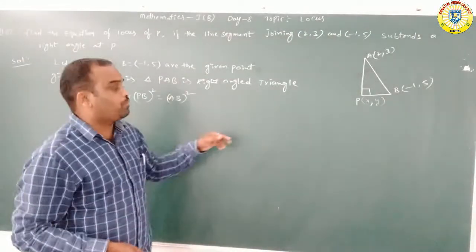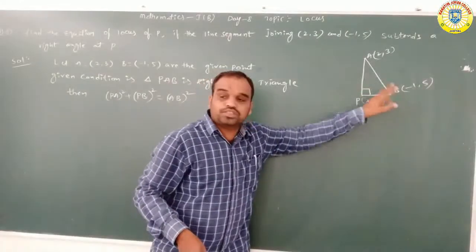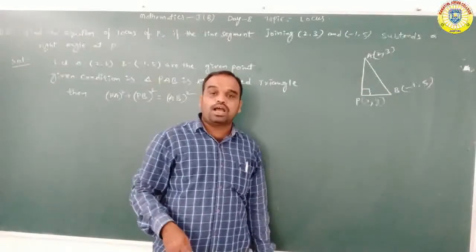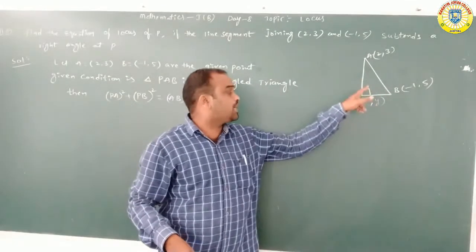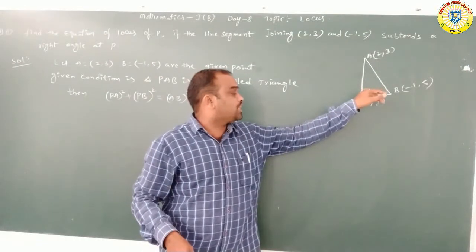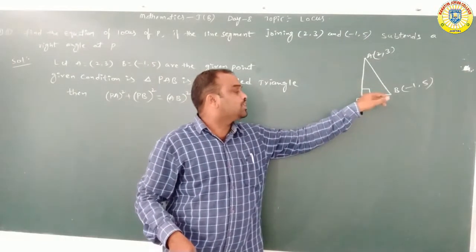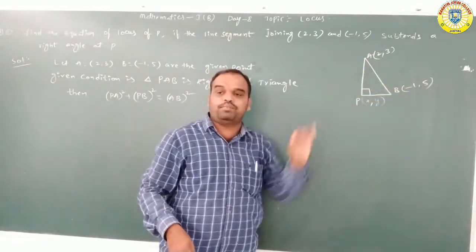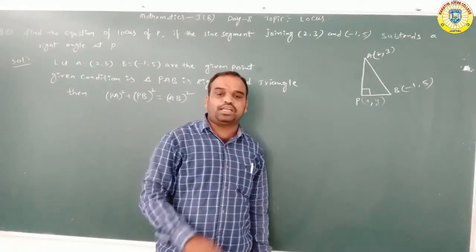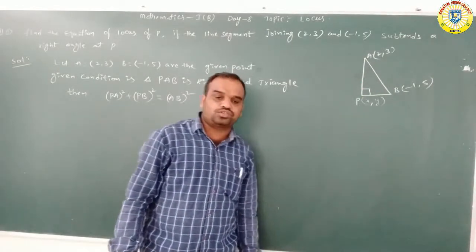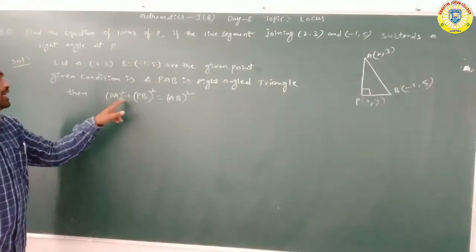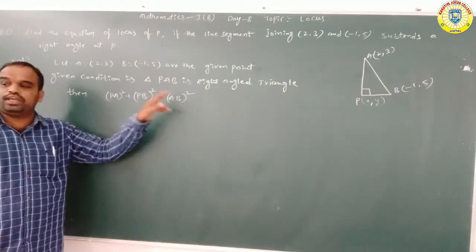How to find the hypotenuse? The side opposite the right angle is called the hypotenuse. The right angle is at the point P, and the side opposite P is AB. So PA² + PB² = AB².